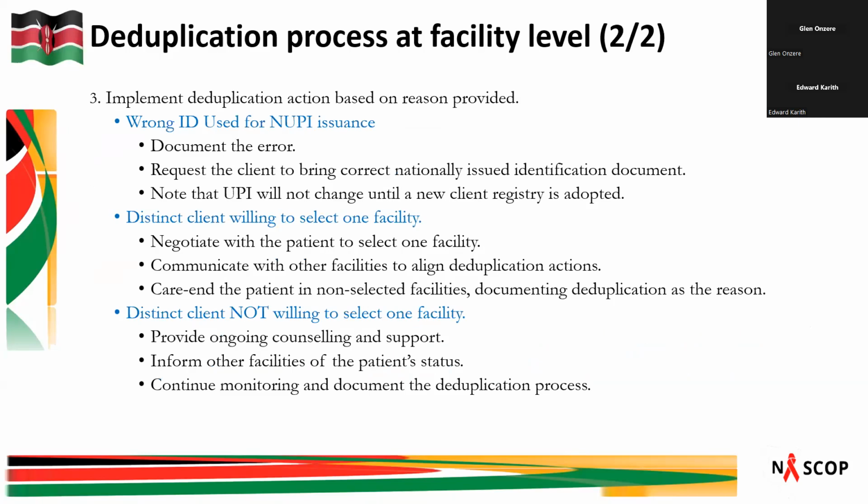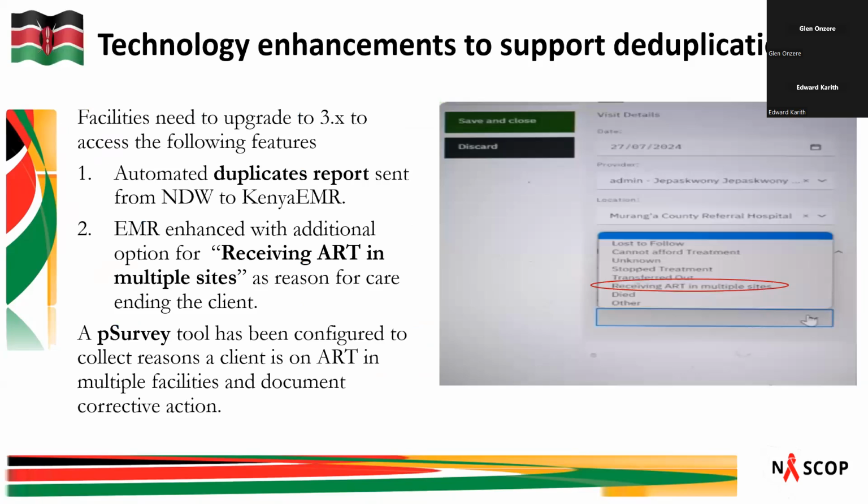So the third process is on implementing the deduplication action. So in this, like we had identified in the previous slide, the 3, sorry, Paul, just go to the previous slide. We had identified the 3 use cases.